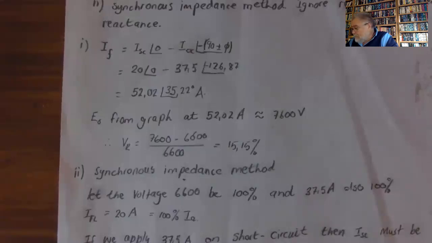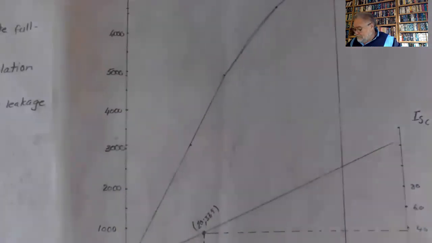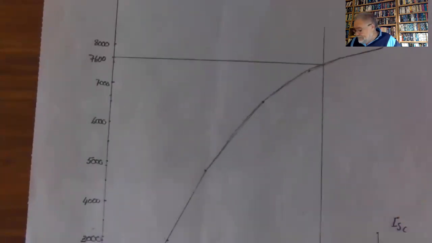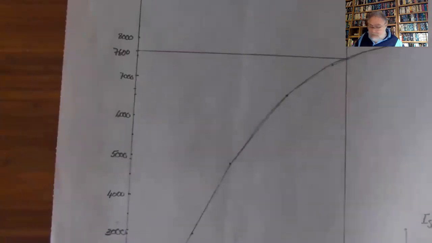So from the graph, we go back on the graph, and at 52, we find that the open circuit voltage is 7,600 volts.